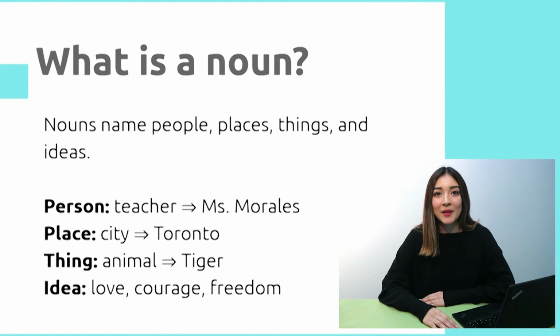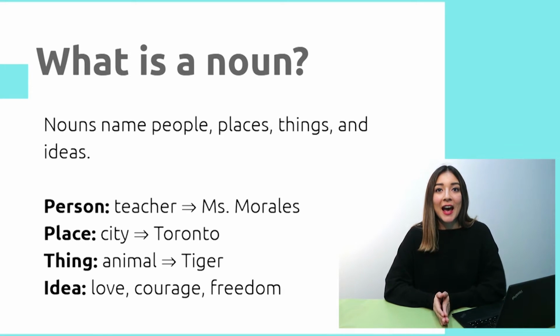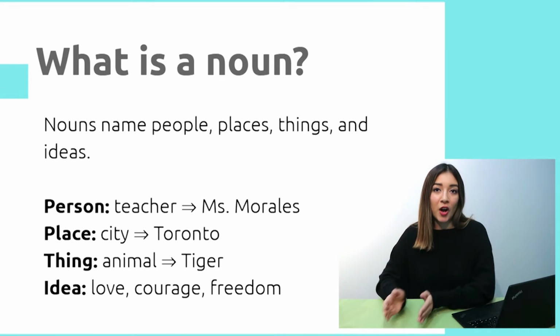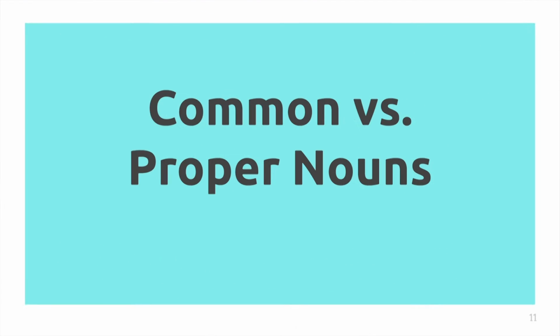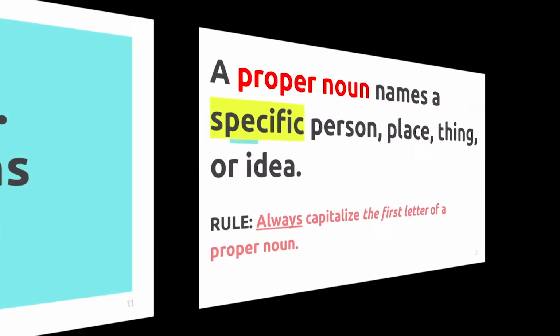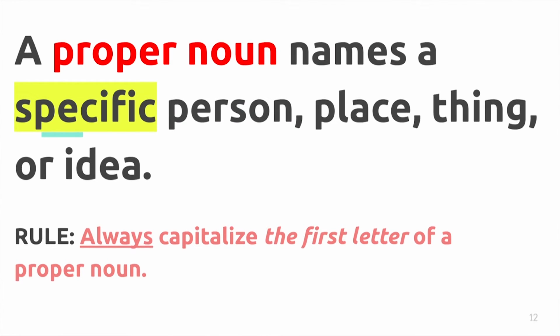Okay, so let's learn how we can differentiate between a common and proper noun. First, let's start by looking and defining what is a proper noun and what is a common noun. Okay, let's start by defining what a proper noun is.